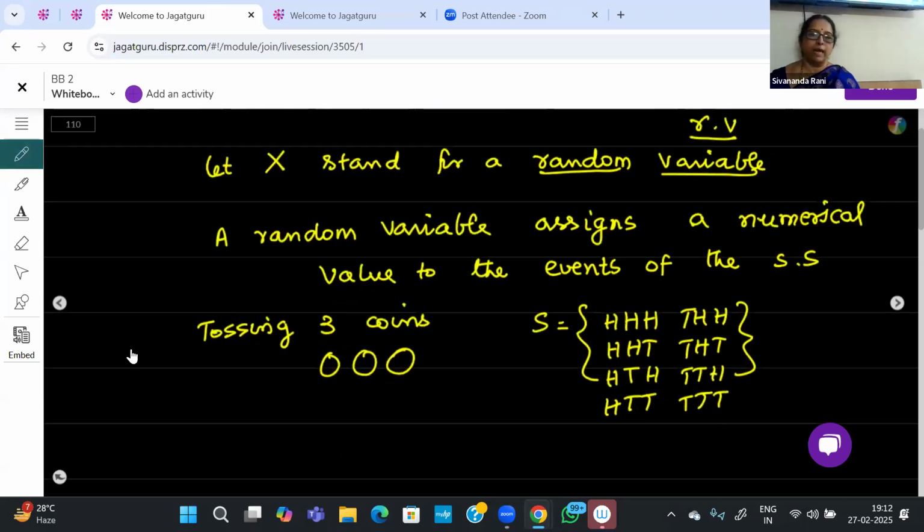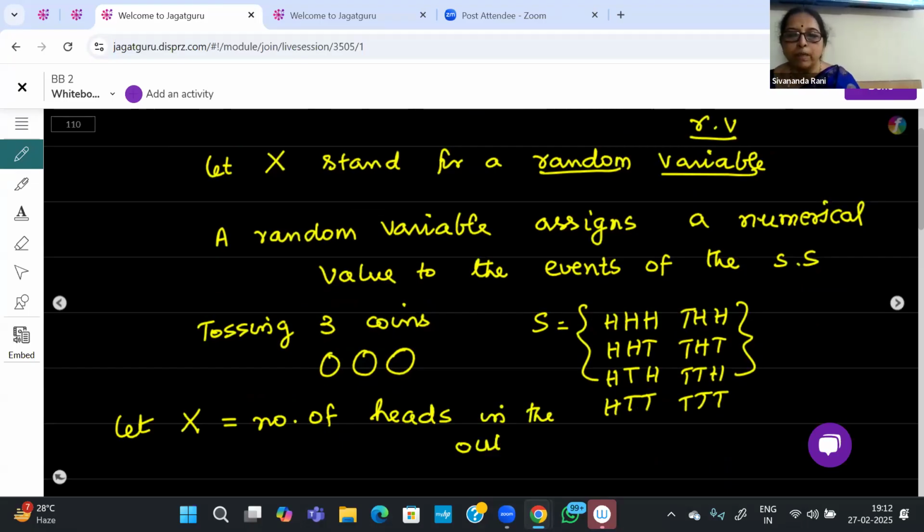I want to allocate some random variable to this experiment. So I'm saying let X stand for the number of heads in this, the number of heads in the outcome, or number of heads in the sample point, whatever occurs. Okay.